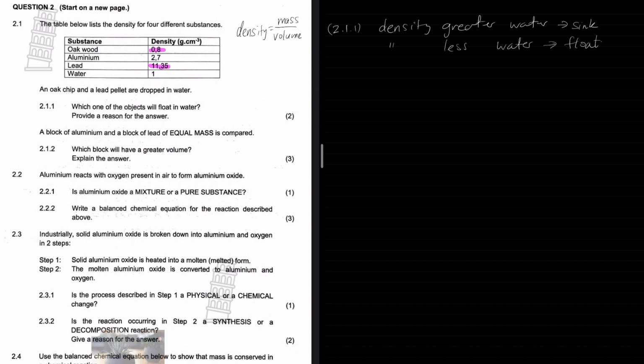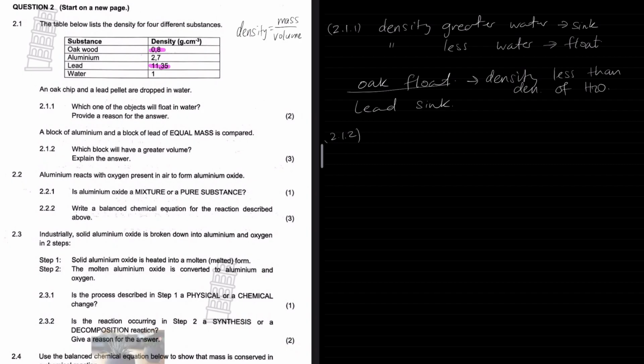So the density of oak is less than the density of water, so oak will float on water. That's because, again, the density is less than the density of water. The lead will sink. So the question is, which of the following will float? Oak will float, and it's because the density is less than the density of water.